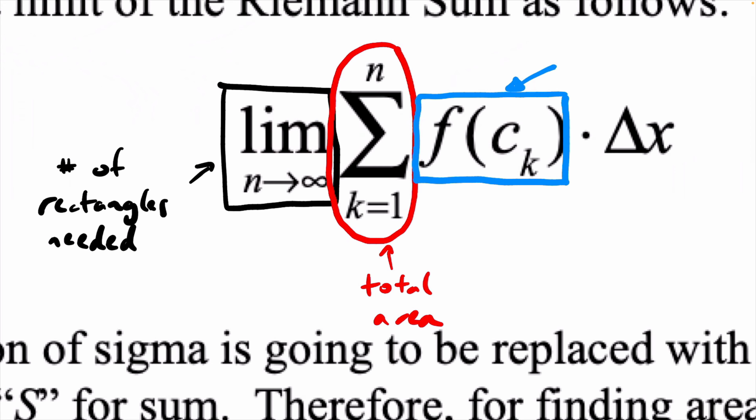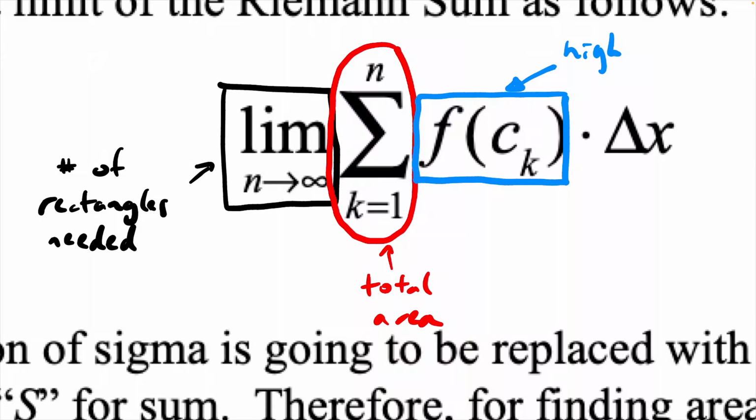What is the function f of x? What does that determine about the rectangle? It doesn't determine the number, right? How many rectangles? Think of when we made a table, right? The top was x, the bottom was f of x. What did f of x determine? The height of the rectangle. So that's going to be the height.